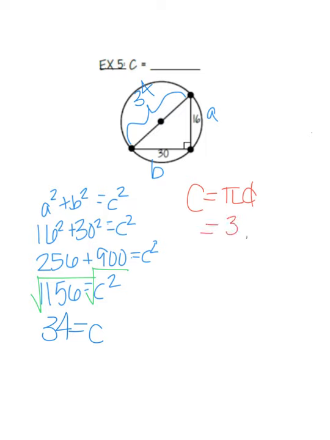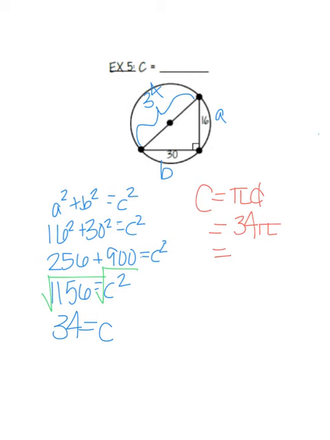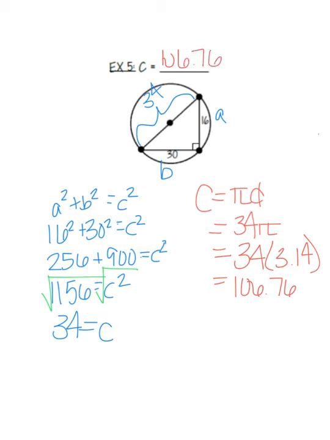So 34 pi is my actual answer, but I want the approximate, so I'm going to multiply and use 3.14 for pi. When I do 34 times 3.14, my product is 106.76. And because I don't know the units, I'm going to use U, and that stands for units.